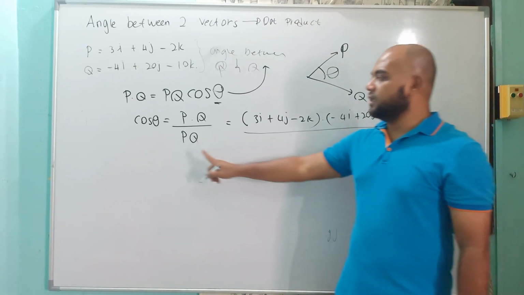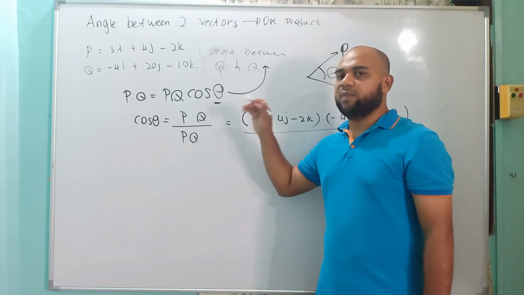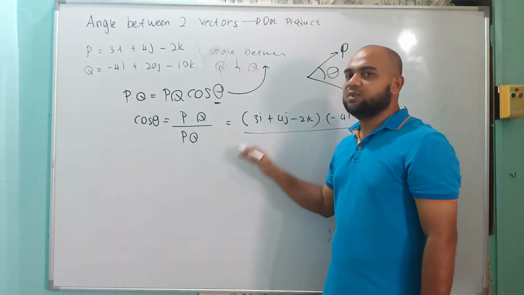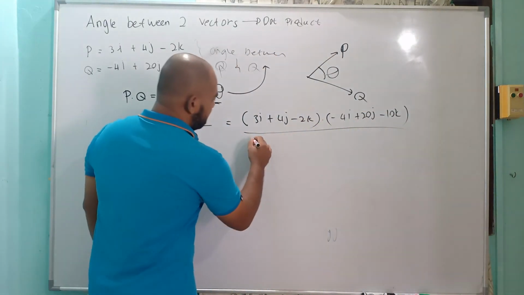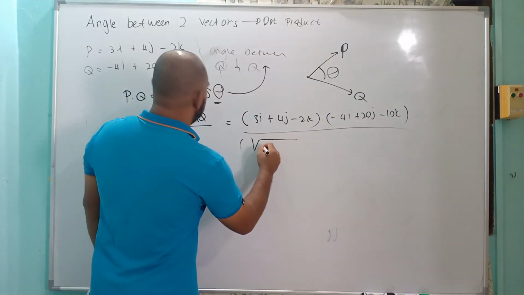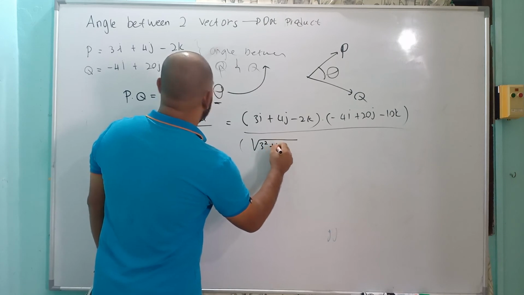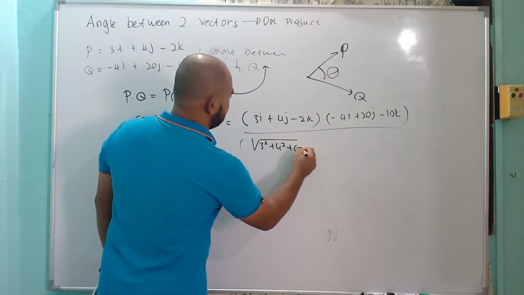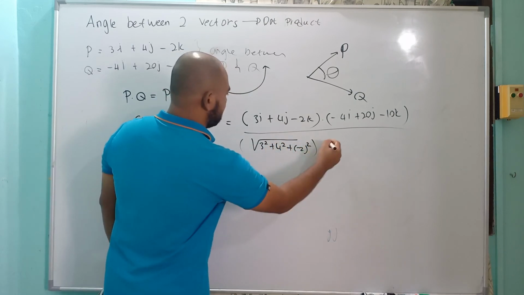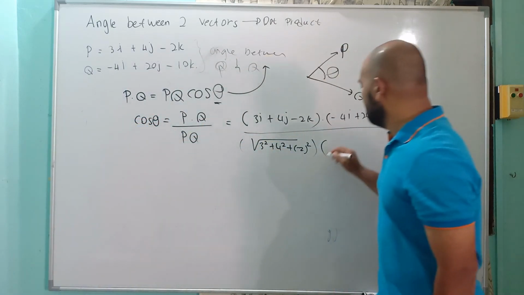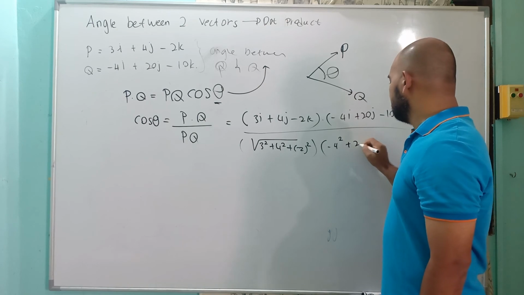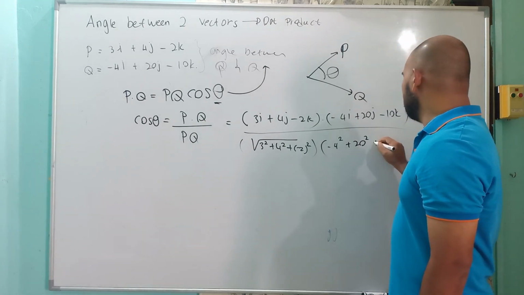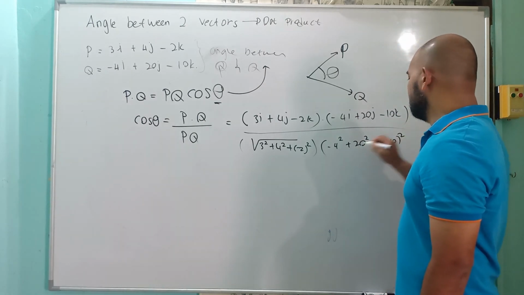So what we do is, PQ is the magnitude of P times the magnitude of Q. So it is the square root of 3 squared plus 4 squared plus negative 2 squared, times the square root of negative 4 squared plus 20 squared plus negative 10 squared.